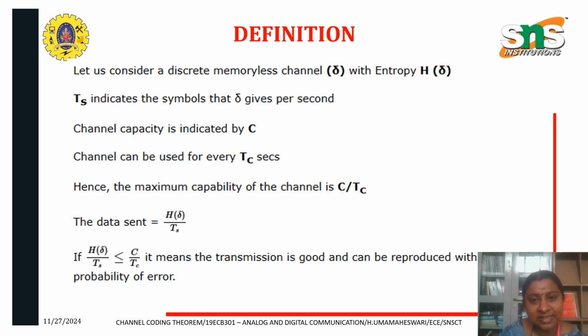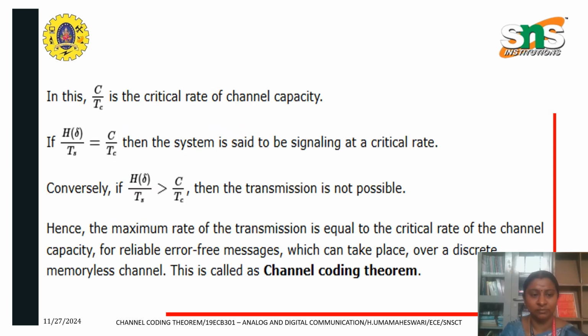So let us consider a discrete memoryless source S with entropy H of S, and the rate of the data sent will be H of S by Ts. It means the transmission is good and can be reproduced with a small probability of error. Here, C by Tc is the critical rate of the channel capacity. Then the system is said to be signaling at the critical rate.